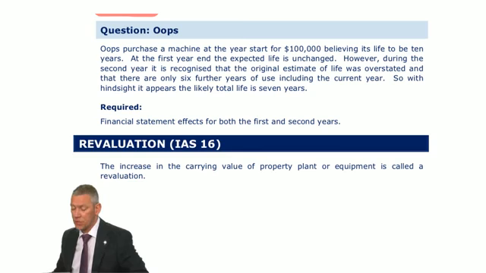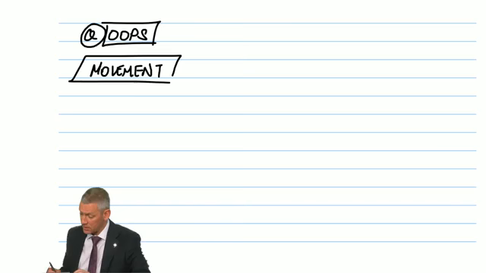OOPS purchased a machine at the year start for 100,000, believing its life to be 10 years. At the first year end, the expected life is unchanged. Fine, so the depreciation for the first year is as follows.